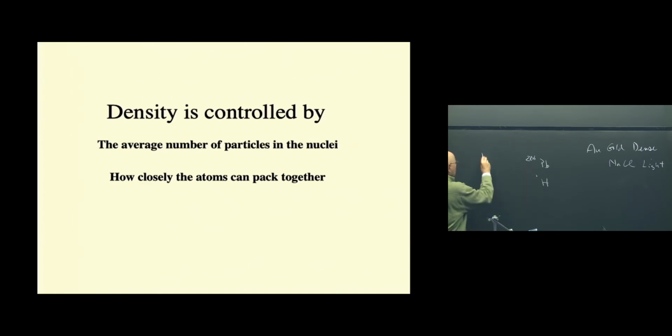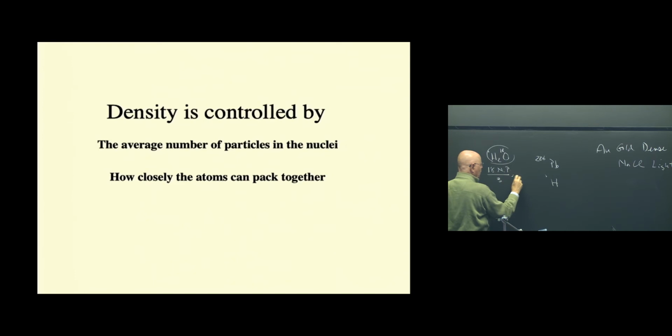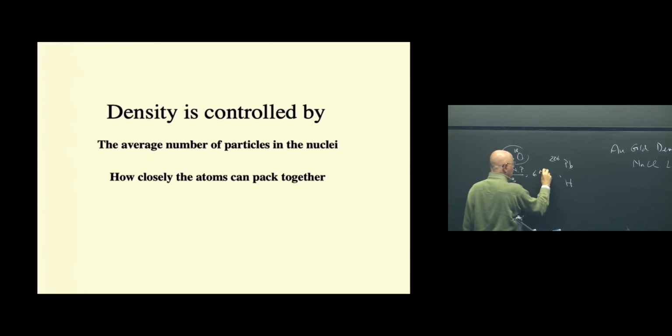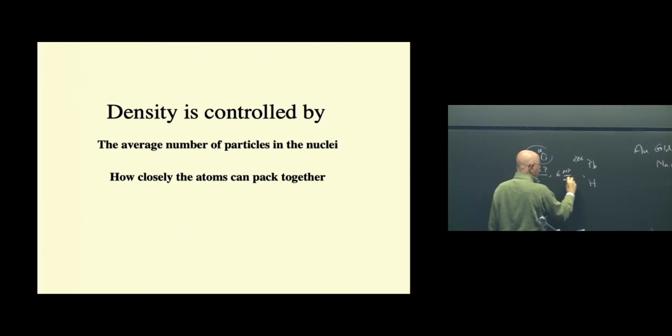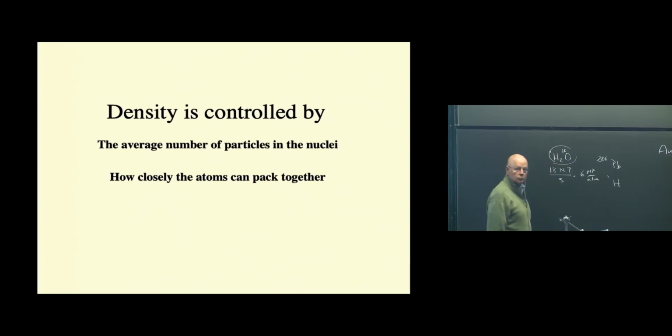So if you take a molecule like water, it has 2 nuclear particles in the hydrogen and 16 in the oxygen. So there are 18 nuclear particles, and you have 3 atoms, so we divide by 3, and you get an average of 6 nuclear particles per atom in the molecule of water.